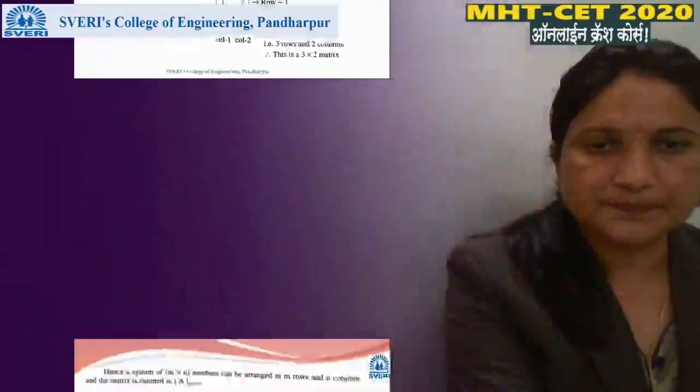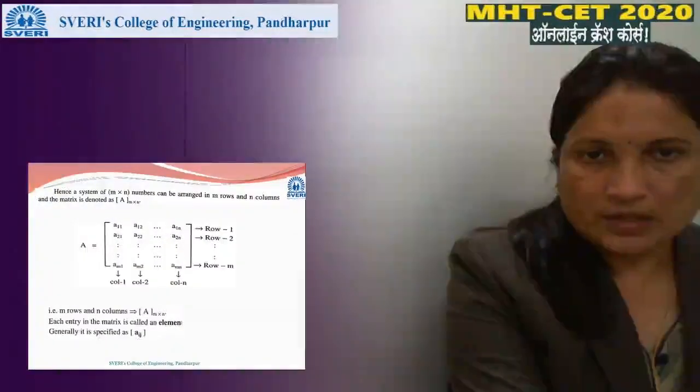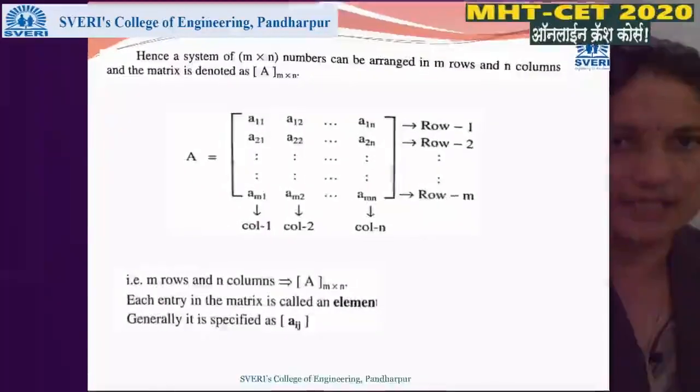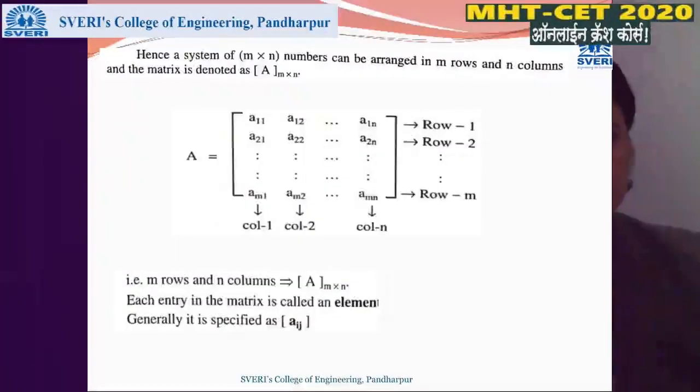Further, if we take the general example of a matrix like this, A is equal to, in square bracket, A11, A12, and the last element of the first row is A1n.